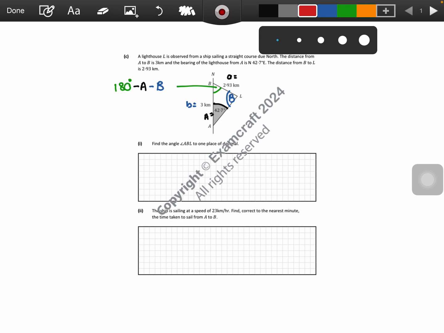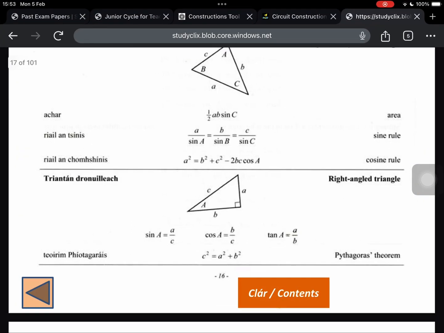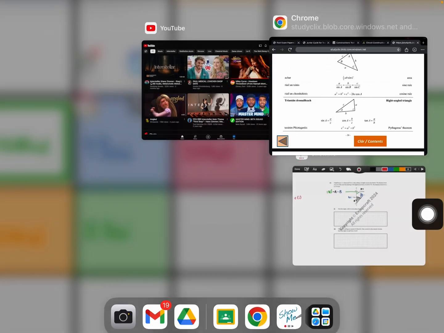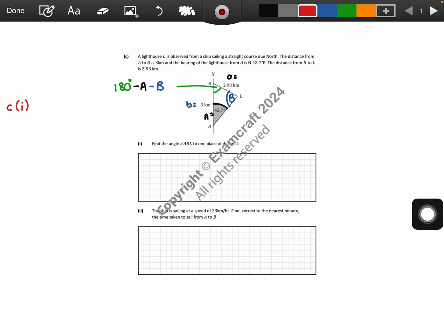So our sine rule, so C part 1, I'm going to just do it over here. It's just nice to have a little bit more room. We also said that it is in one form in the log tables. Okay, so a over sine A equals b over sine B, where it's the small letters on the top. And that is perfectly fine. We did say that the other way we could do it is to do that upside down.